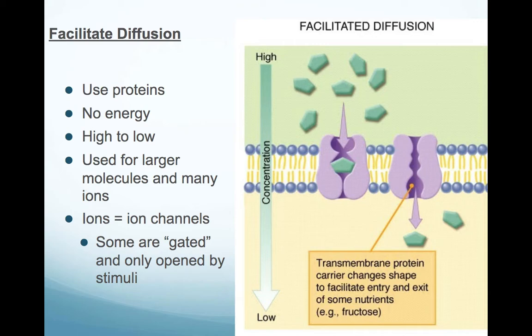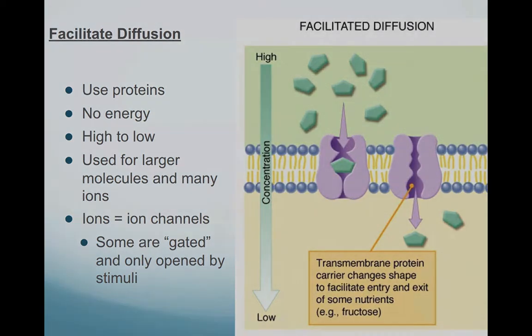They don't move through as smoothly as they move through diffusion, because they only have specific places. It's like if you all got up and tried to go out the door, you're not as efficient as if you could go through the wall and the door. If you could go through the wall and the door, everyone would get out in a lot quicker manner. So those are the three types of passive transport.